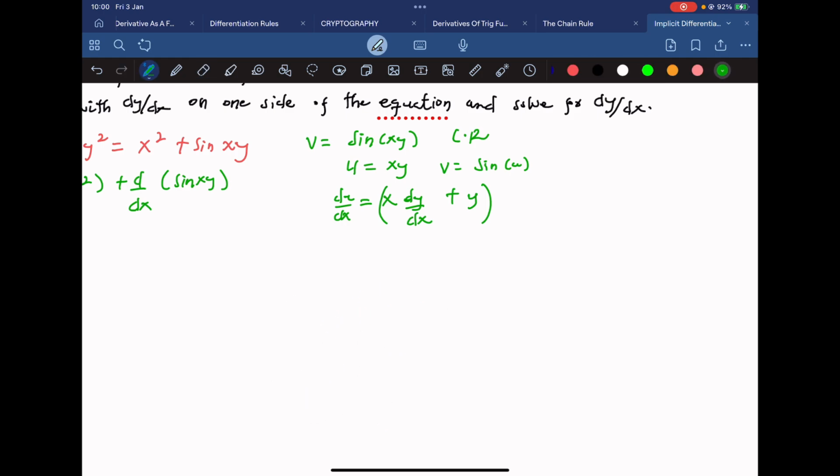Okay. Now since this is u, we can have dv/du equal to, if we differentiate sine, we have cosine of u. So in that case, dv/dx is equal to dv/du times du/dx.